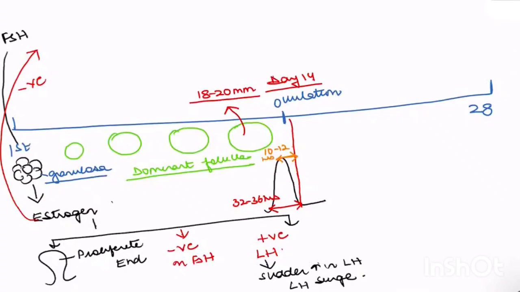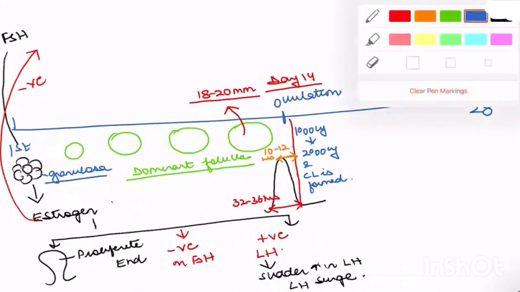Now, ovulation hua, that means primary oocyte got converted into secondary oocyte and corpus luteum is formed. Ovulation का मतलब है कि primary oocyte is getting converted into secondary oocyte and corpus luteum is being formed. तो corpus luteum बन गया.